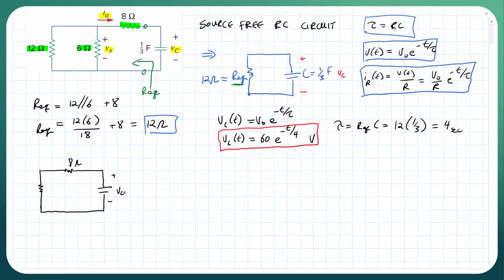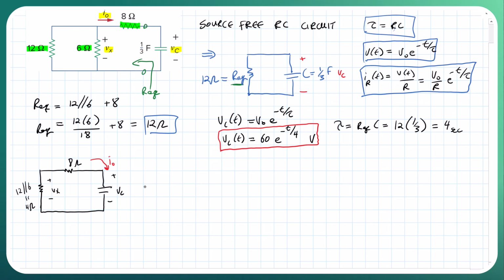And we want to figure out what our I naught coming down here is going to be. And then this is going to be plus or minus Vx. In this case, this is going to be 12 in parallel with 6, which is going to equal 4 ohms. So that's 4 ohms.